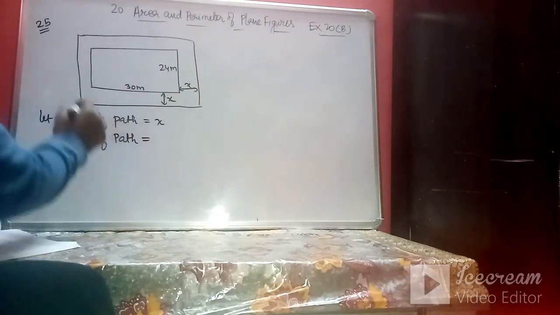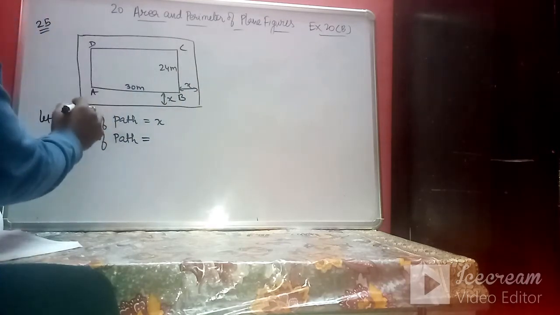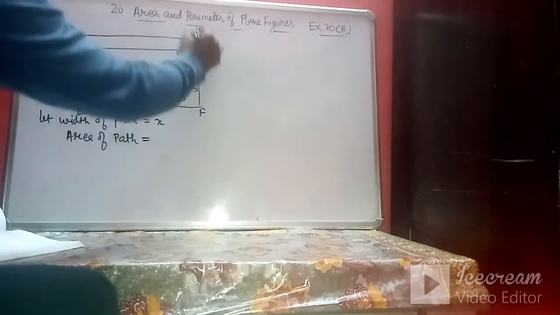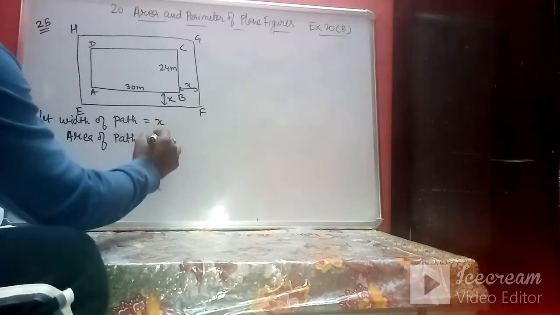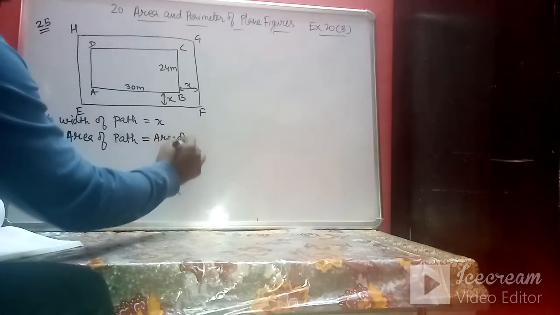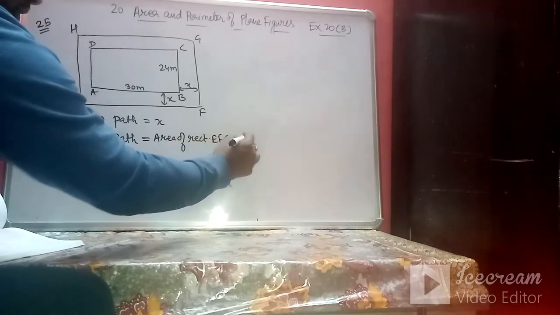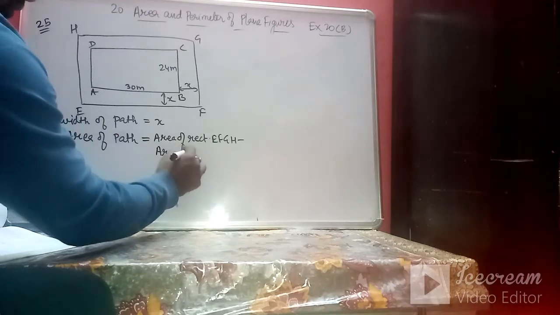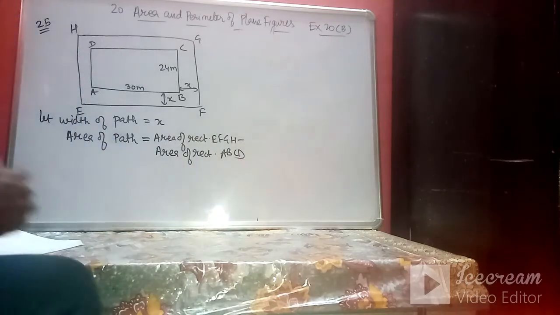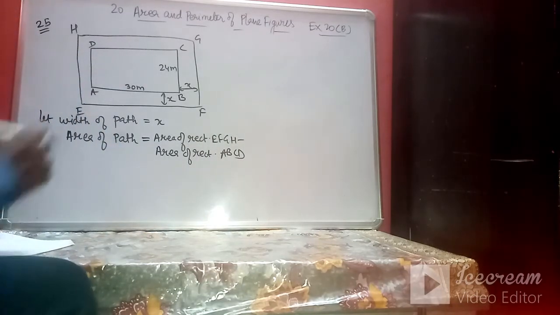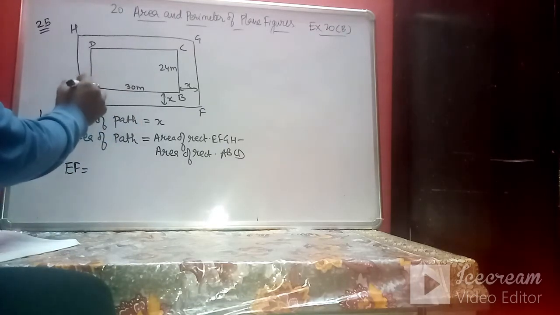Let this be A, B, C, D, and let this be E, F, G, H. So area of path will be area of the outside rectangle, that is E, F, G, H, minus area of the inside rectangle A, B, C, D. Then what is EF? This is x, this is also x.